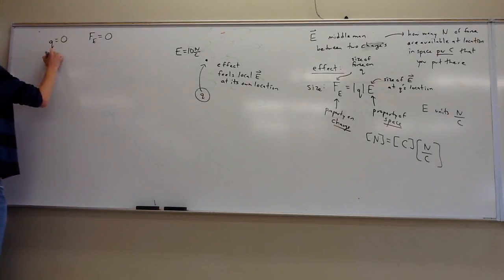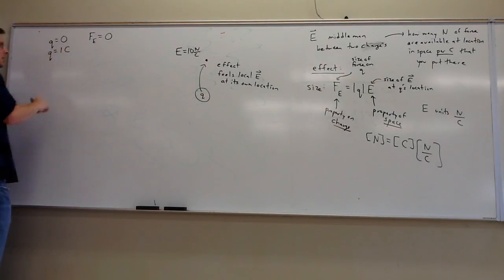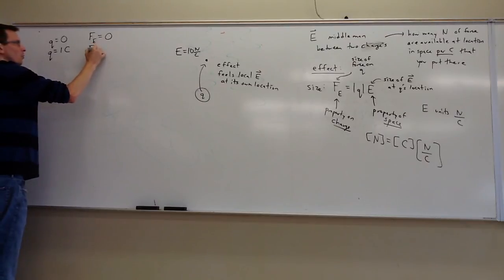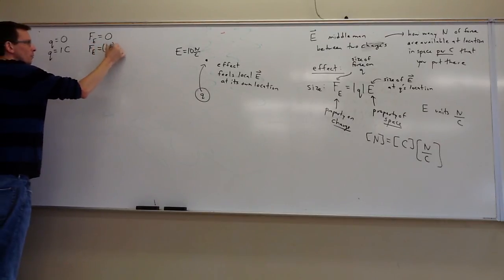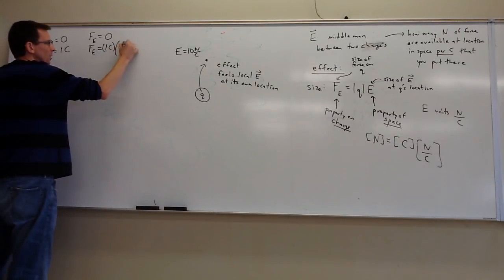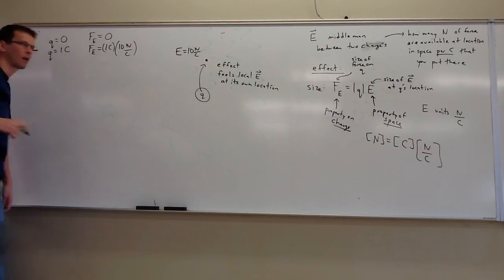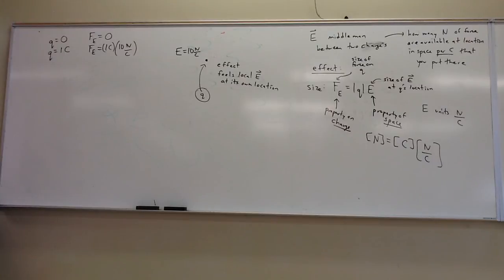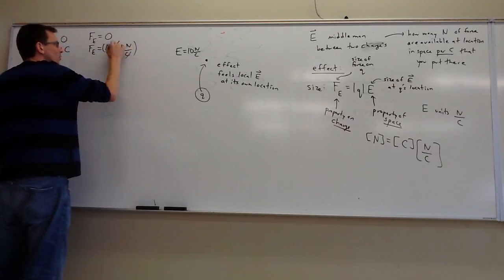Let's say we decide instead to put a 1 coulomb charge there. We put in our equation 1 coulomb, and the property of space is 10 newtons available per coulomb. So how much force is that going to experience? 10 newtons, right? The coulombs cancel.